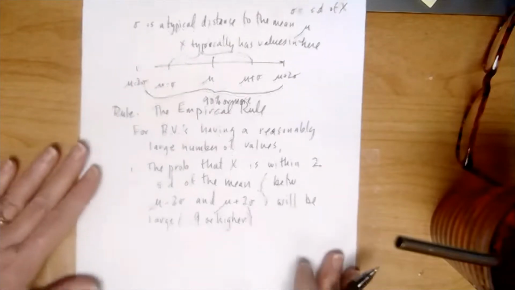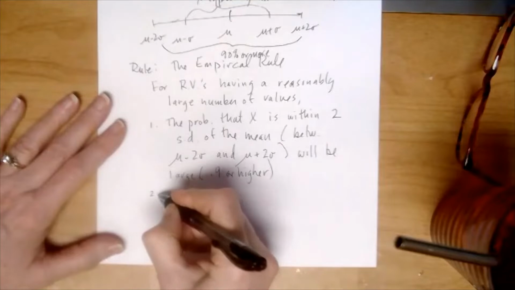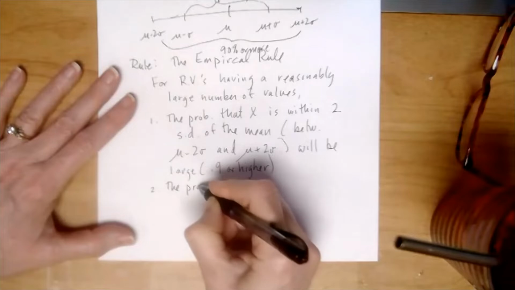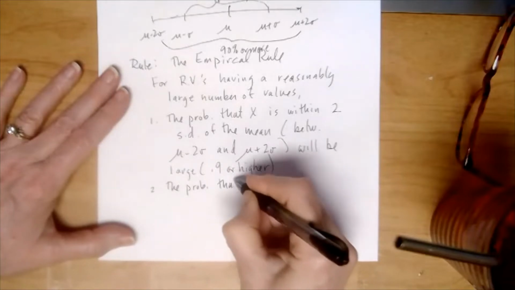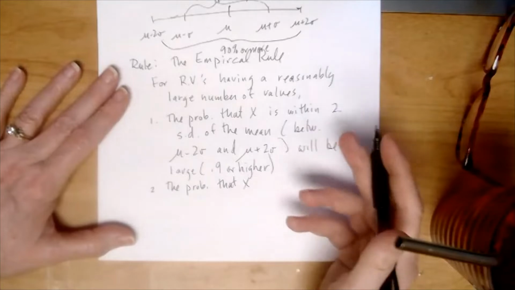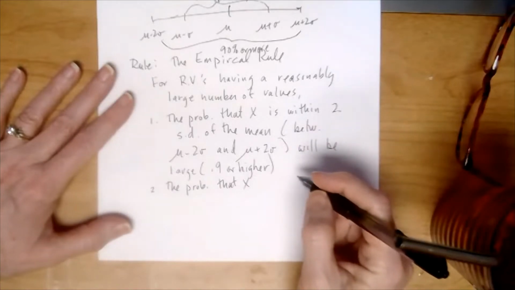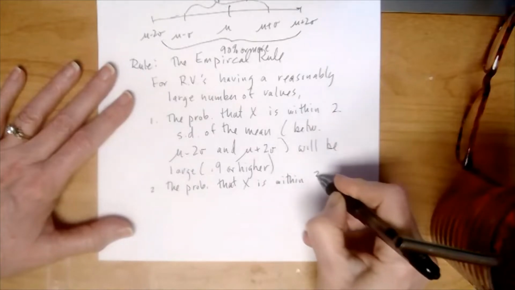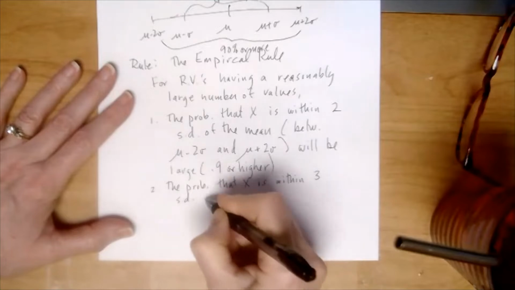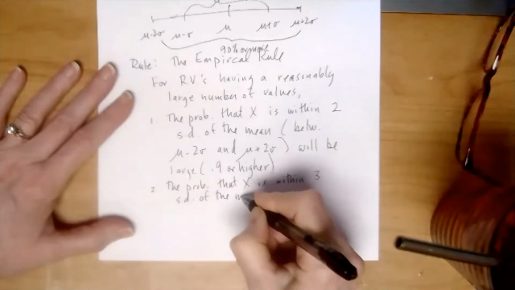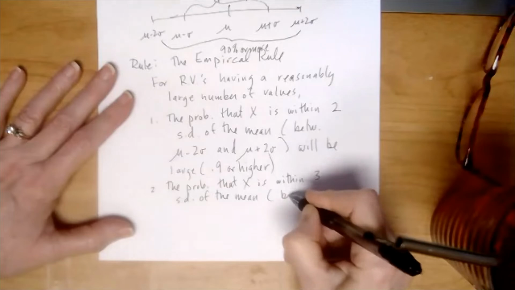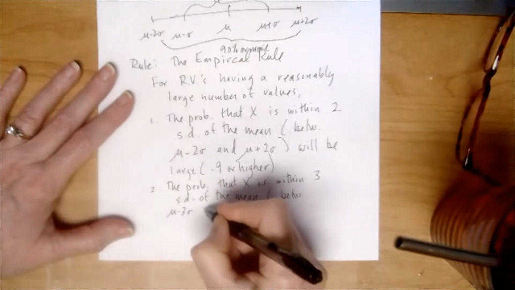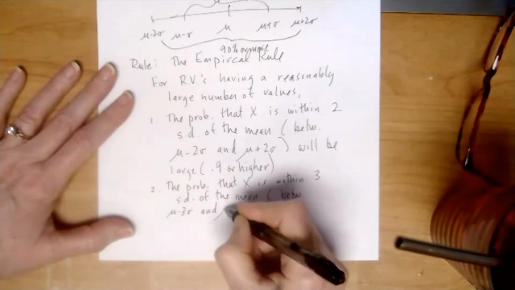All right. The second one, the second rule, all right, has to do with being within 3 standard deviations. All right, so the probability that my random variable x, of course it could be random variable y, whatever we call a random variable, is within 3 standard deviations of the mean, all right, so here we're talking about between mu minus 3 sigma and mu plus 3 sigma.